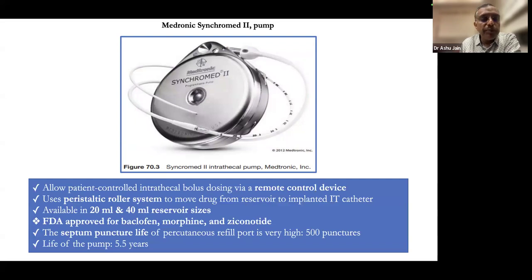You can do everything with this programmable pump. You can give a patient-controlled intrathecal bolus through a remote control device. You have a peristaltic roller system to move the drug from the reservoir to the implanted catheter. They are available in 20 and 40 ml, depending on which drug and how much concentration we are using.